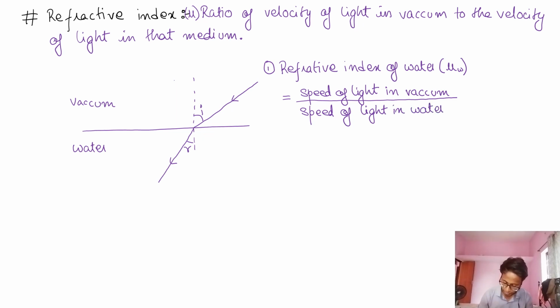Okay, but speed of light in vacuum is supposed to be 3 into 10 to the power 8 meter per second, and speed of light in water will be found out.